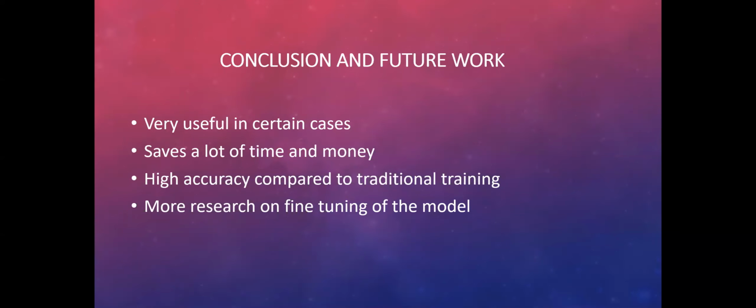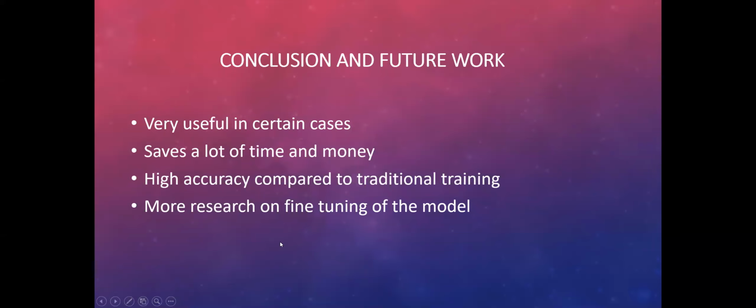So it saves a lot of time and money. Instead of doing it in 2 months, I could do it in 5-10 minutes. And there is no money involved here because I'm doing transfer learning, but if I were to use the resources, it would cost almost 2.5 to 3 lakh rupees, with high accuracy compared to traditional learning.